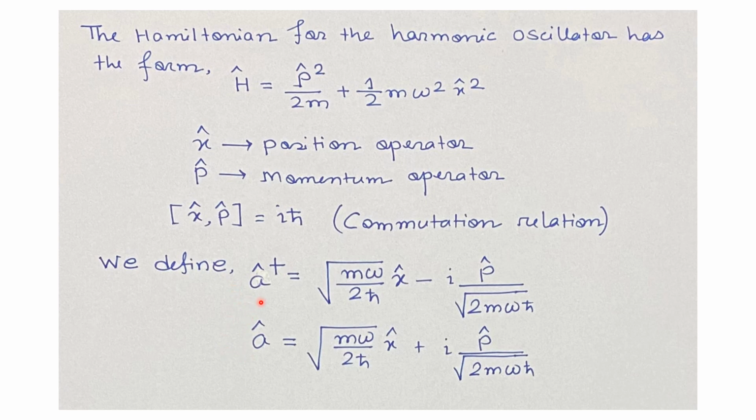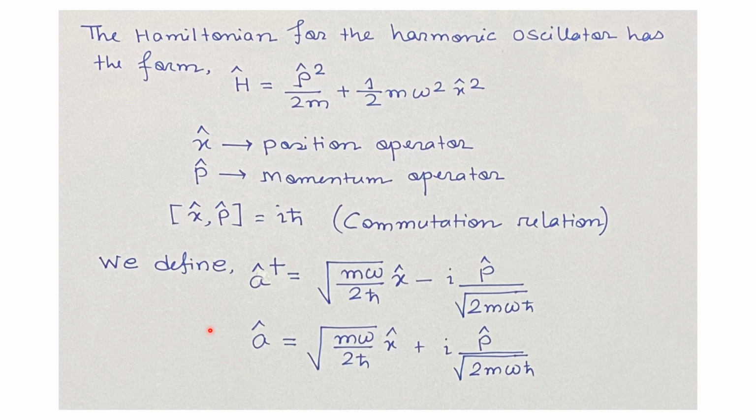A cap dagger is defined as root over m omega divided by 2h cut times x cap operator minus i times p cap operator divided by root over 2m omega h cut. And the second operator a cap is defined as root over m omega divided by 2h cut times x cap operator plus i times the p cap operator divided by root over 2m omega h cut.